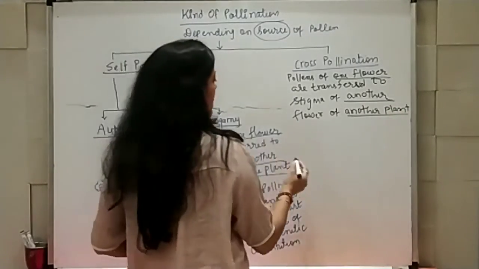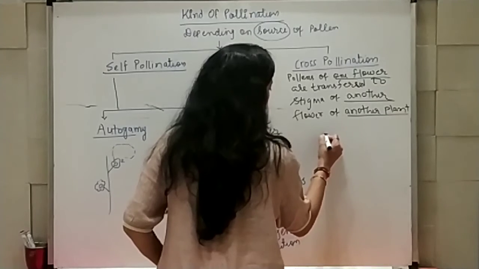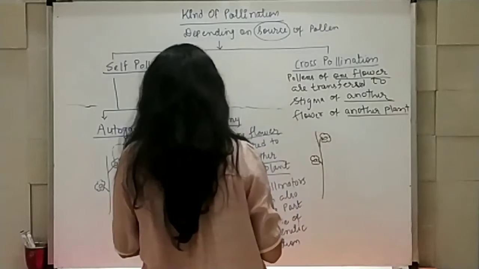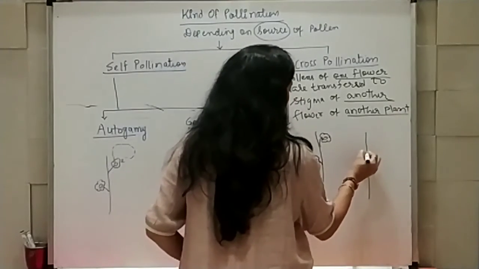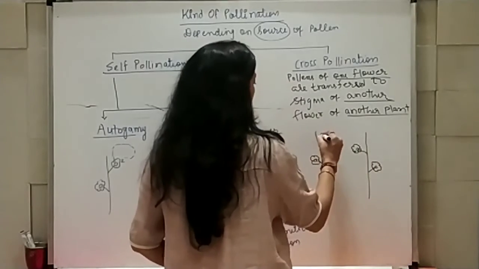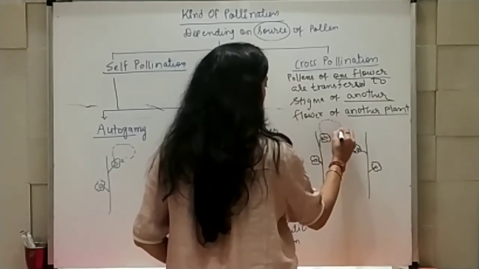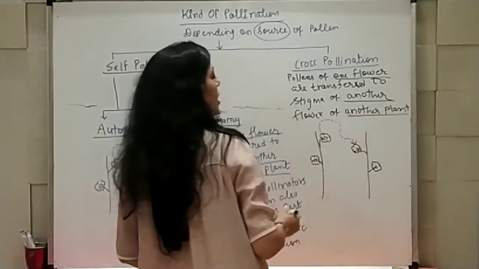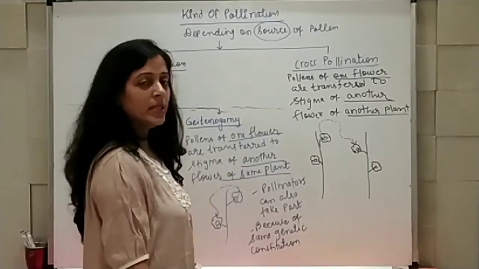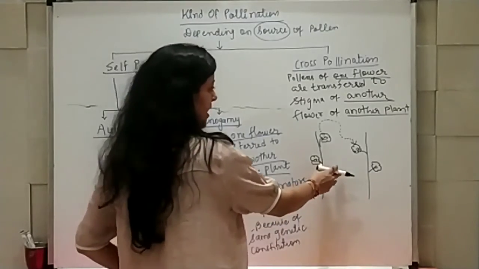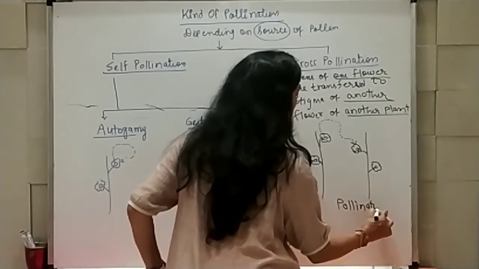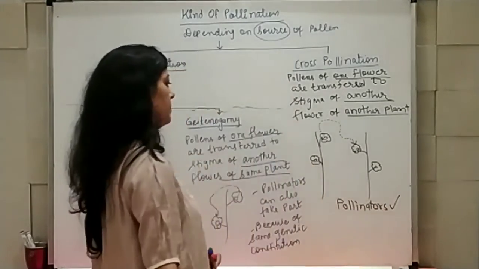So what will happen here? For example, this is one plant and here there is one more plant of the same type. So now pollen from this flower are transferred to the stigma of another plant. So that's why you can say this is the cross-pollinating method, and here pollinators are also playing an important role.